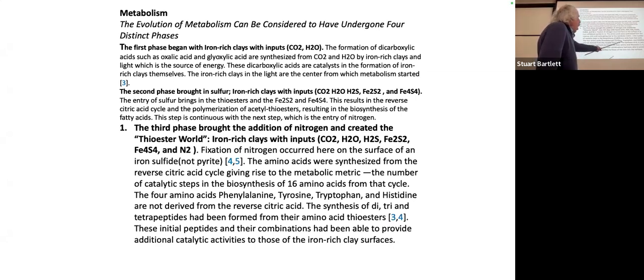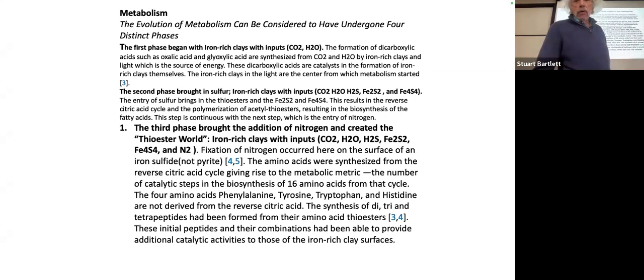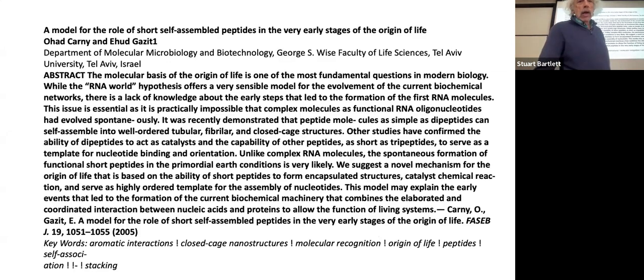The synthesis of di, tri, and tetrapeptides had been formed from their amino acid thioesters. These initial peptides and their combinations have been able to provide additional catalytic activities to those of the iron-rich clays. That is, the thioester world was providing the peptides that gave you the beta hairpins that essentially allowed you to begin the genetic code.